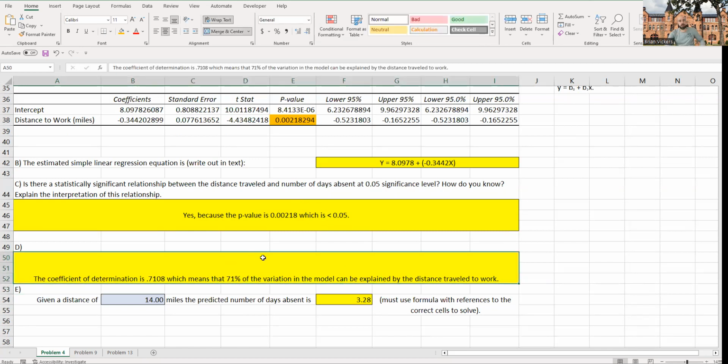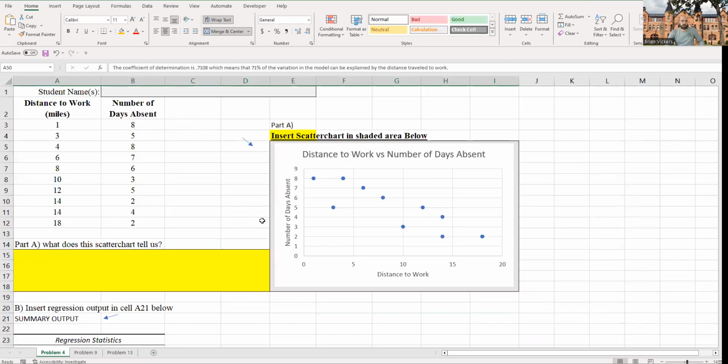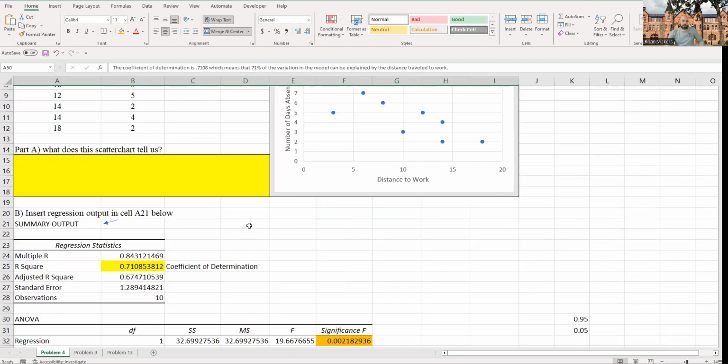Okay, so that would work there, and that's how you do a simple linear equation.